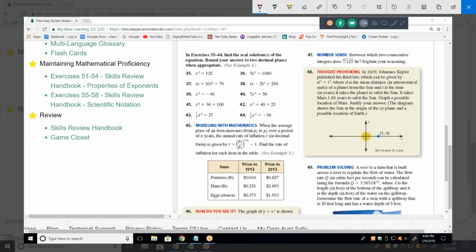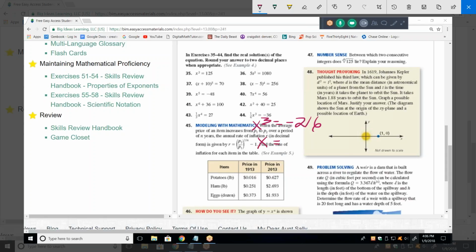44. Next line. X to the third equals negative 216. And next line.